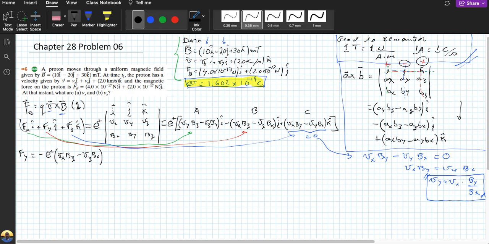But the thing is, I have this negative sign here that I don't like. So what I can do, I can get this negative sign and just change position here, because this negative sign, when I multiply inside of this parenthesis here, it will turn out that I still have my positive charge, and now what I have is Vz Bx negative Vx Bz.